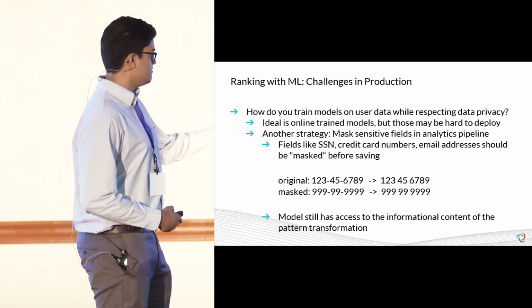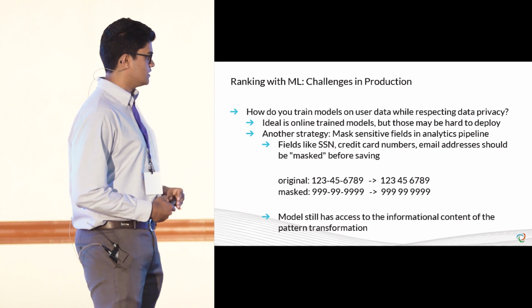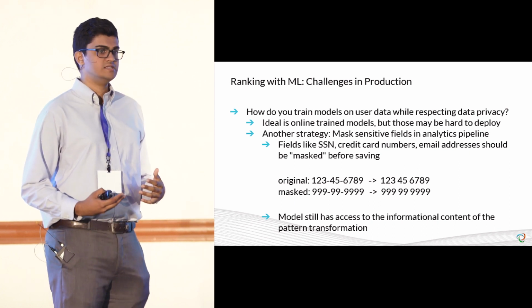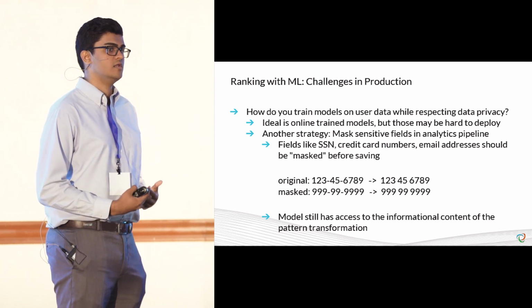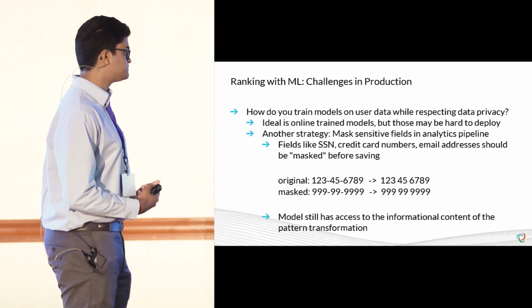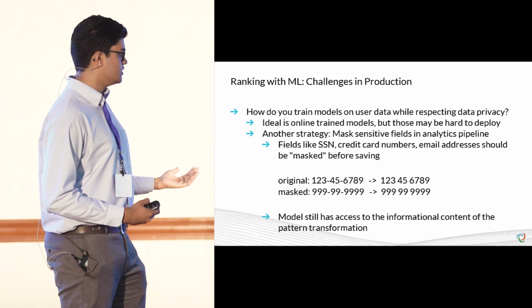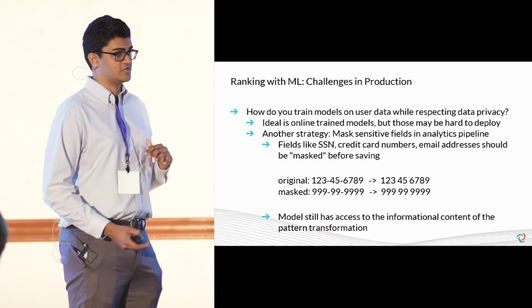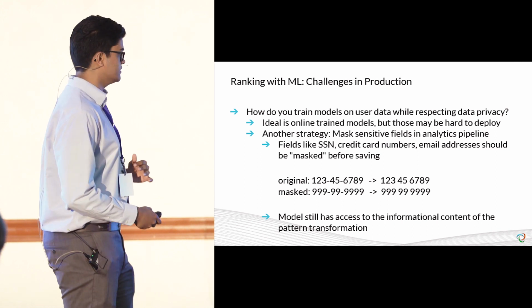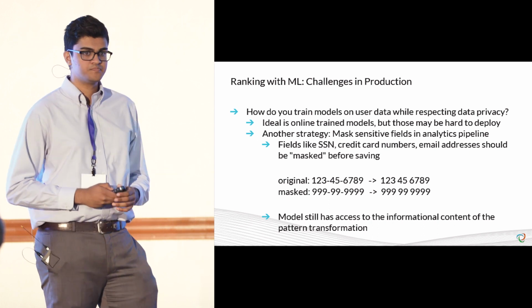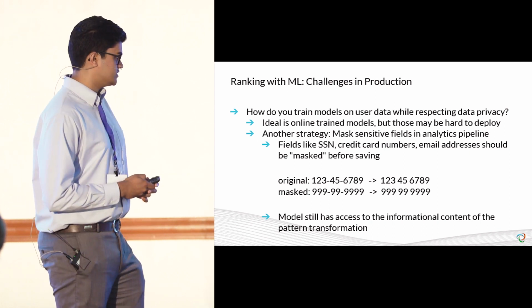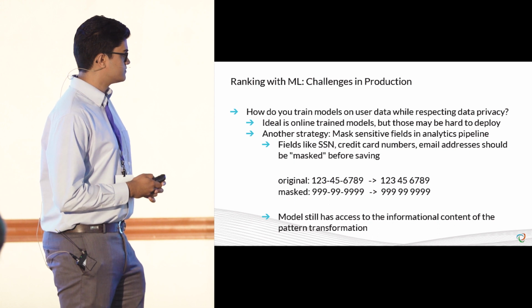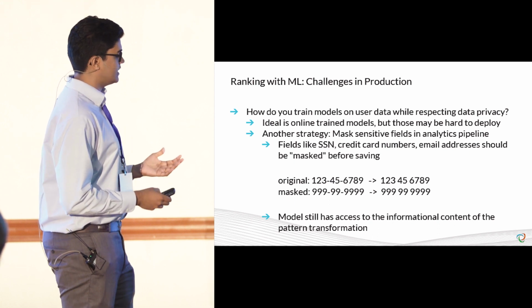This kind of masking has helped us a lot because we're able to save data that's based on format and not actual user data. And from the model's point of view, hopefully, because we still have access to what the pattern transformation is doing, we're not actually losing any information here. So this is one strategy that is helping us right now.